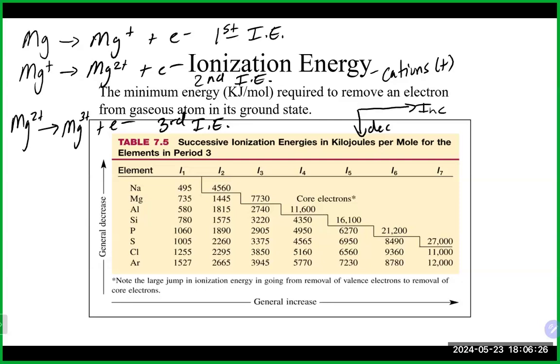As you can probably imagine, as we go from first ionization energy to second to third to fourth to fifth and so on, it gets progressively harder to remove those electrons. It requires a lot more energy. That's because when we lose an electron from our neutral atom, does the ion become smaller or larger?